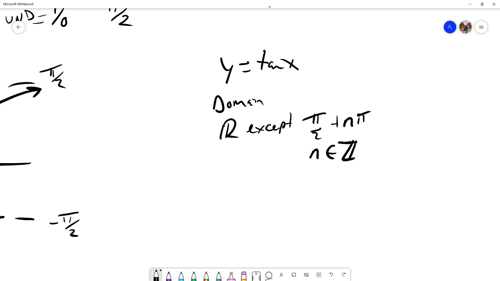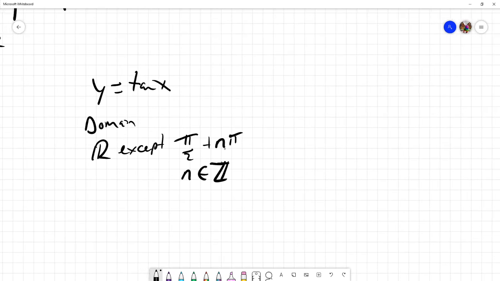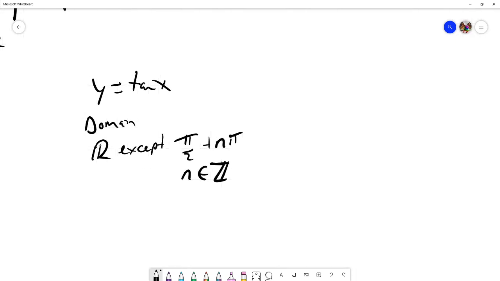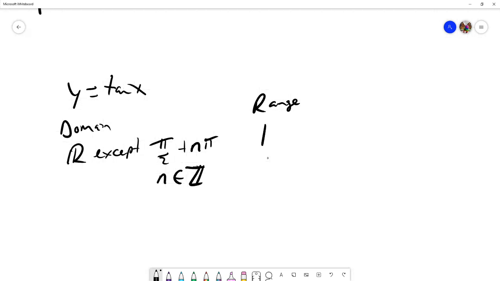We talked about this before. What this is saying is the domain is all real numbers except where we had any multiple of pi over 2 and negative pi over 2. That's where the vertical asymptotes are. The reason why we had those was because we would have been dividing by 0 because the cosine's 0 at all those values. The range is just all real numbers.